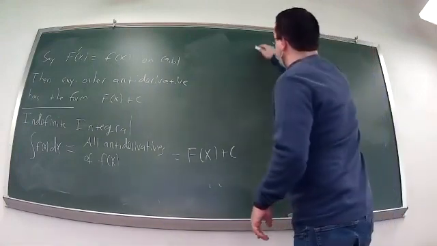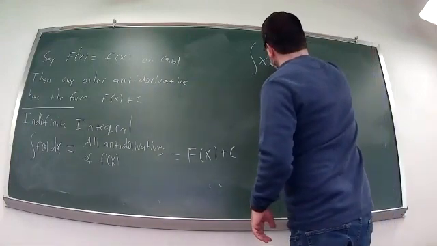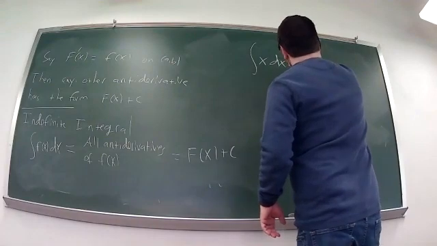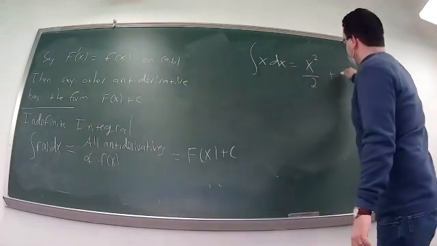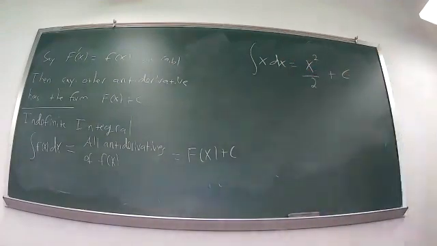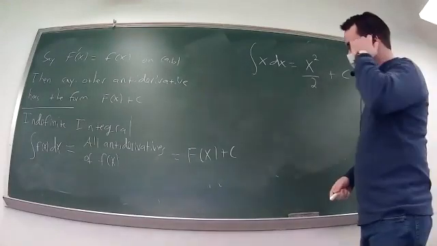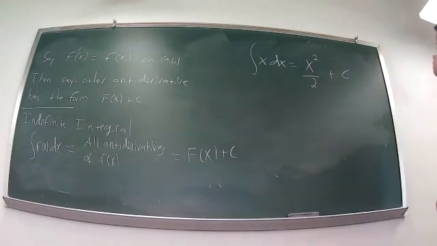I could say something like the indefinite integral of x is x squared over 2 plus c. That is to say, it's the collection of all functions of the form x squared over 2 plus a constant.